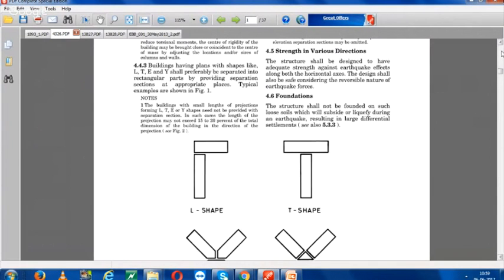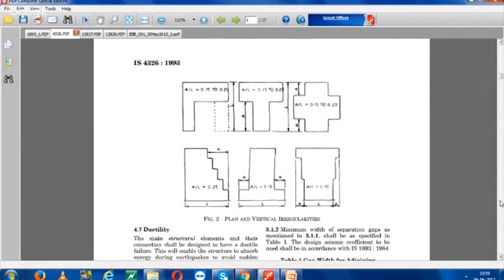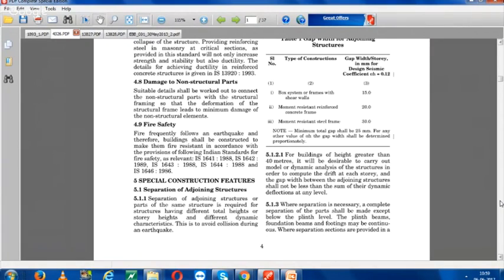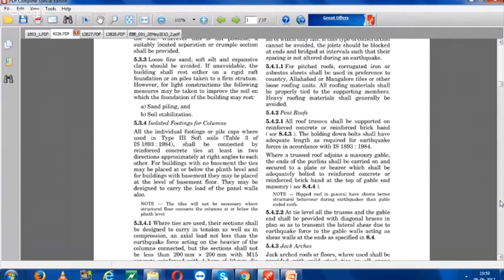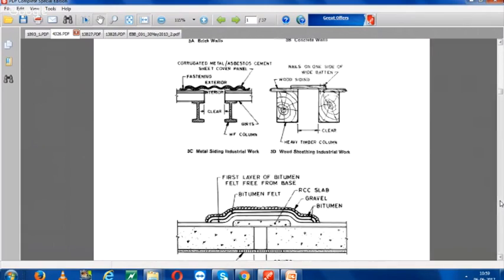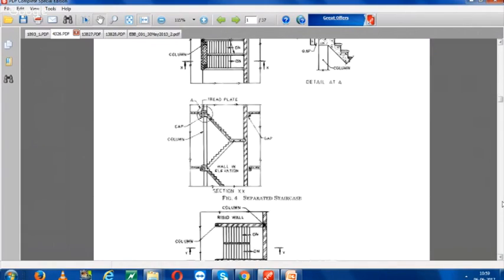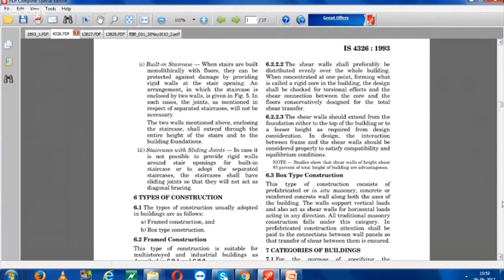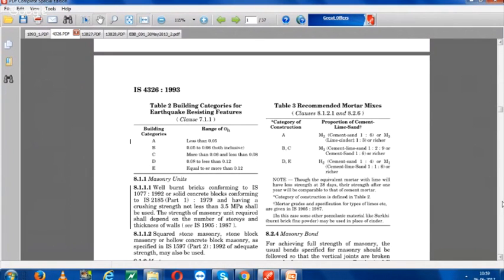See, here it is given the building category earthquake resistant features.